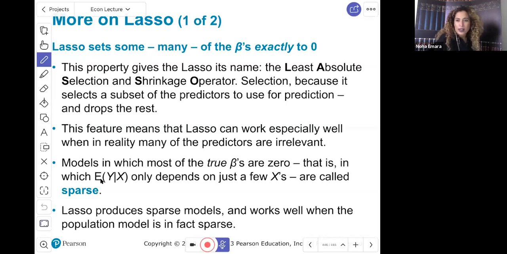Using lasso would just take care of these coefficients by removing them for you and attaching a 0 value to them. The models in which most of the true betas are 0 are called sparse. So what is a sparse model? A sparse model is a model in which most of the betas are 0.